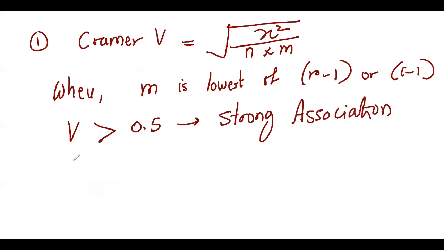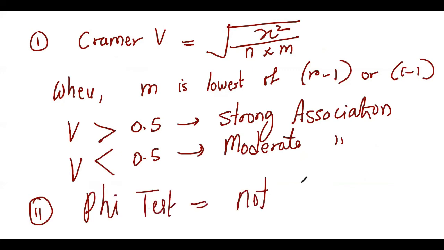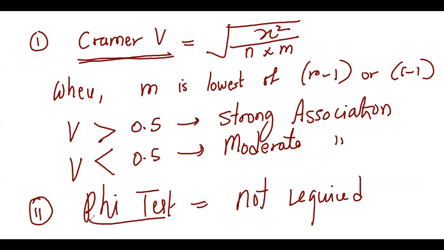And if V is less than 0.5, it is called moderate association. You should know this point very well in chi-square. There is some confusion about whether we should apply the phi test or not. I say it is not required. You can completely ignore the phi test because Kramer V has already replaced it.